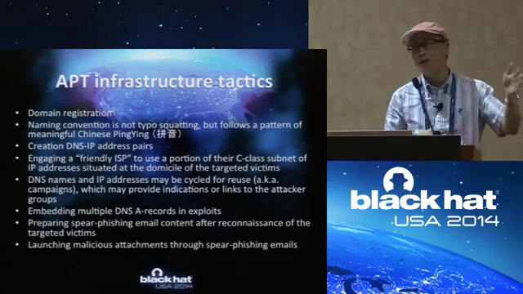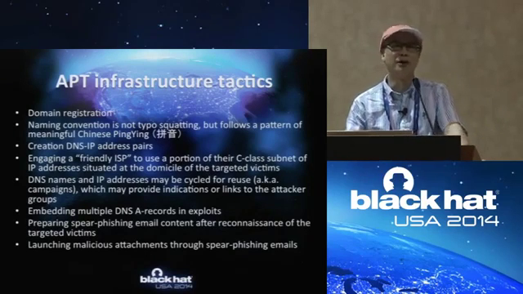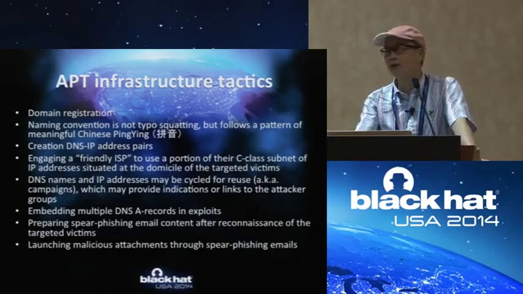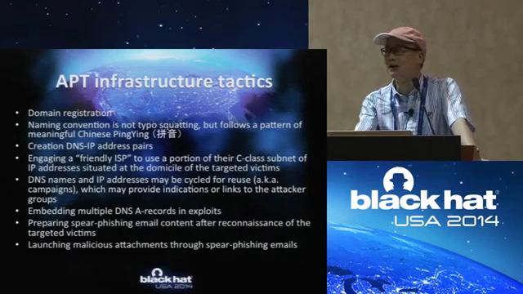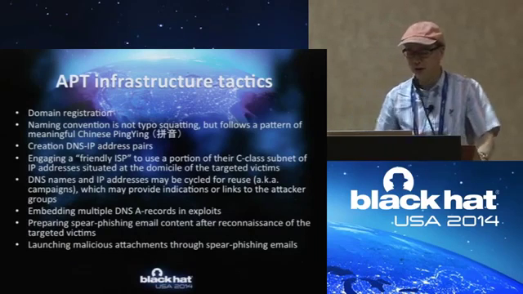And then they put more than 2 DNS names inside their exploit. The meaning is they want to make their malware, once infected, redundant. If one DNS is locked down, another will come out and become active.